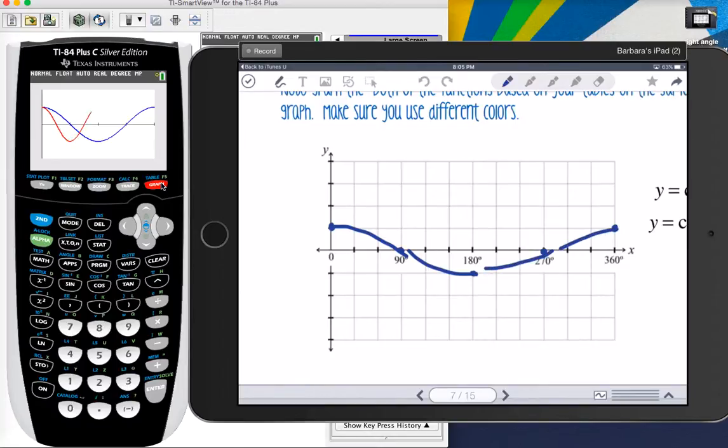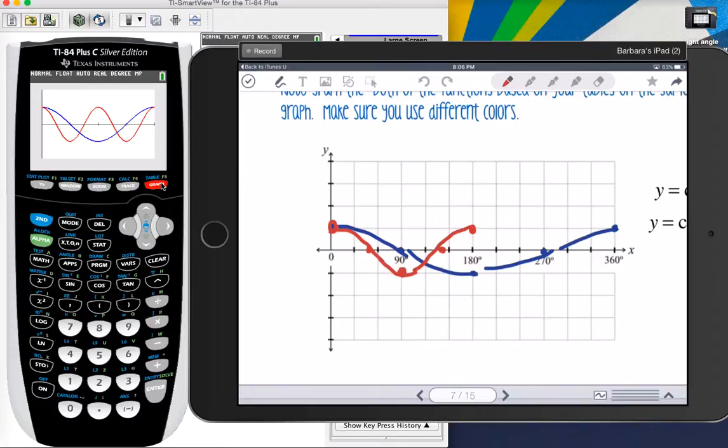But you'll notice with the red that we're going to have two whole U's, so two ups and downs in the same period of time. So instead of going every 90, we're going to be going every 45. So at 45, it's going to hit 0, and at 90, it's going to hit -1 before it comes up at 135 and up to 1 at 180. Okay?